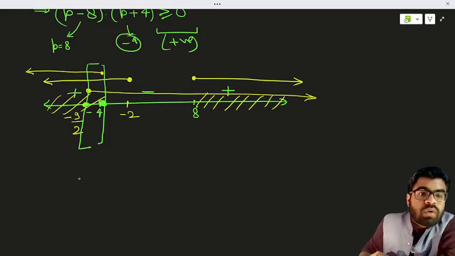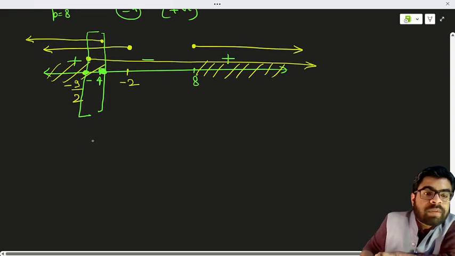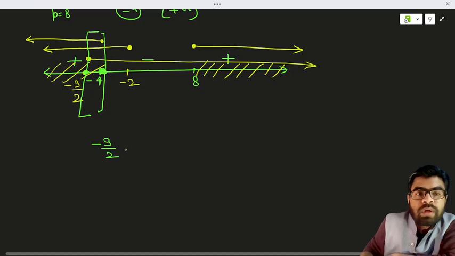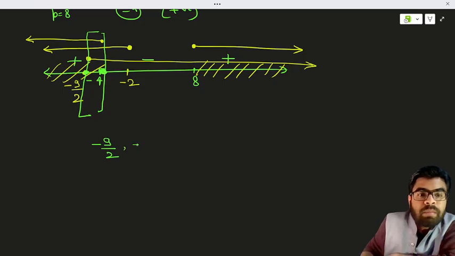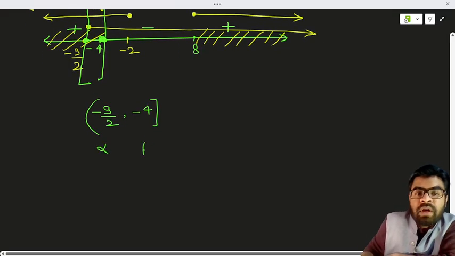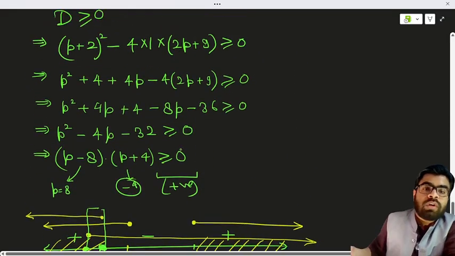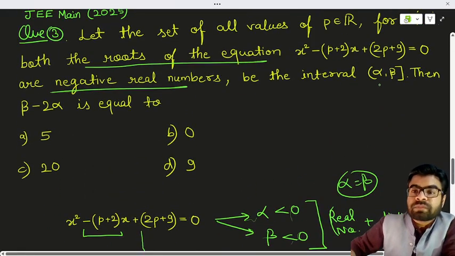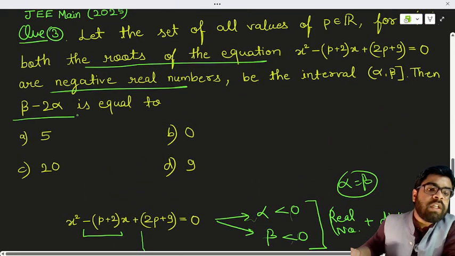So if this is our common area, so what we can write here, let's see. I can write that -9/2 and -4 will be our interval, like this. And if it is alpha and if it is beta, then what we want in the question is basically beta minus 2 alpha.